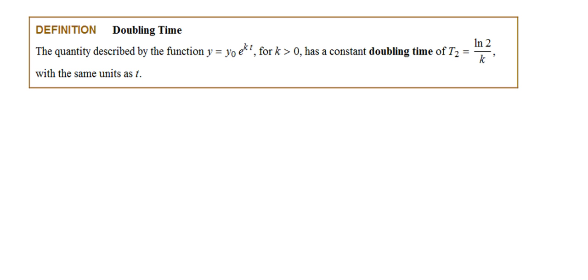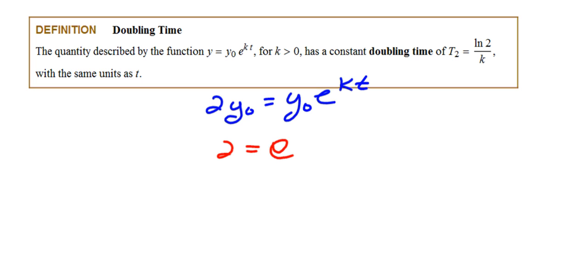Talking about doubling time, it just gives us that t sub 2 is equal to ln 2 divided by k. Really what it means is, if we're doubling our initial amount, we're going to have 2 times the y naught. And then I have this equation, and they're solving for t. They divided both sides by y naught, and we're left with this.